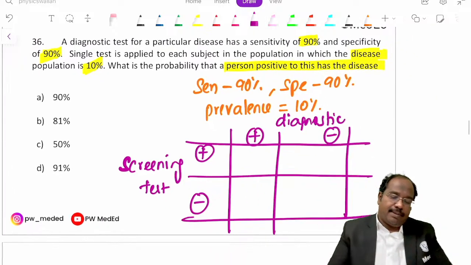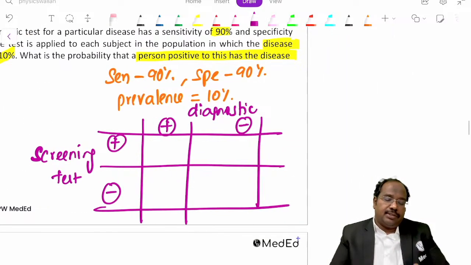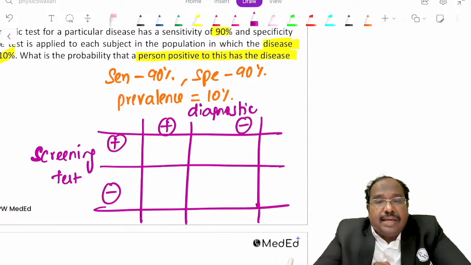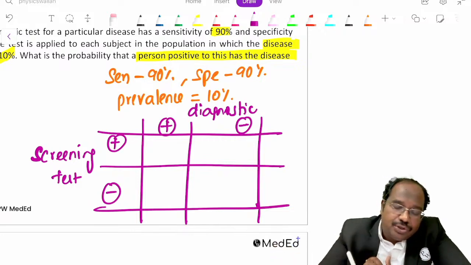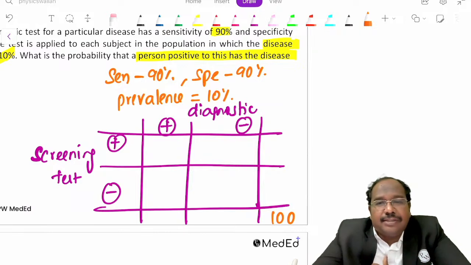We have to make some assumptions here. This is what they have given us: the sensitivity and specificity values, the prevalence, and the diagnostic test. From that we are making the table. Let us assume there were 100 people, which is easy for calculation.